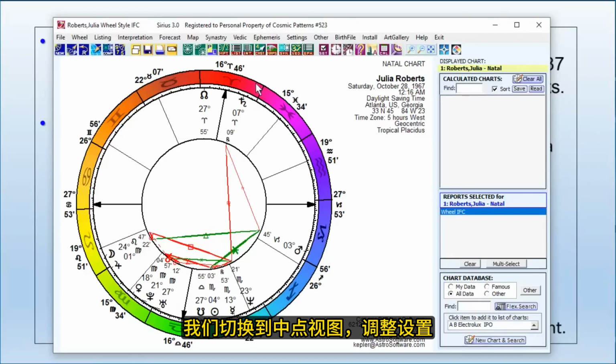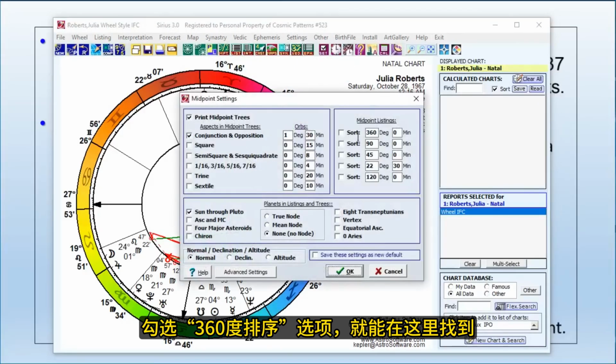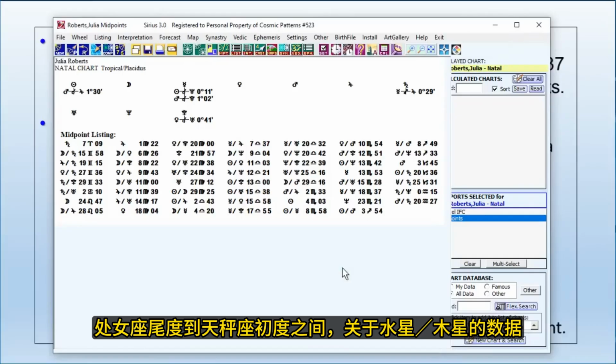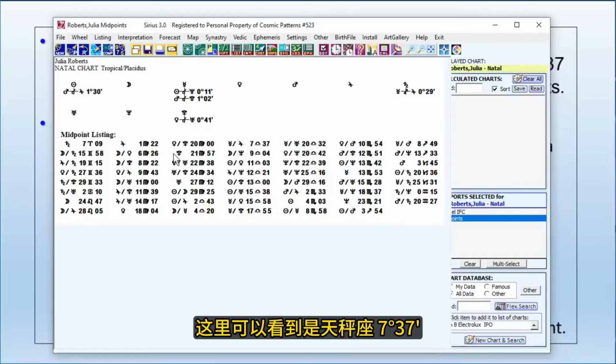If we go to midpoints, view, change settings, and we check this box for a 360-degree sort, we can look in here around late Virgo to early Libra for Mercury/Jupiter, and here we see it at 7 Libra 37.